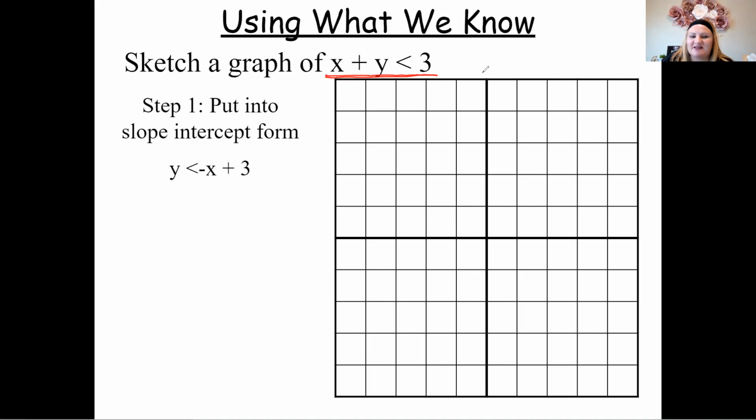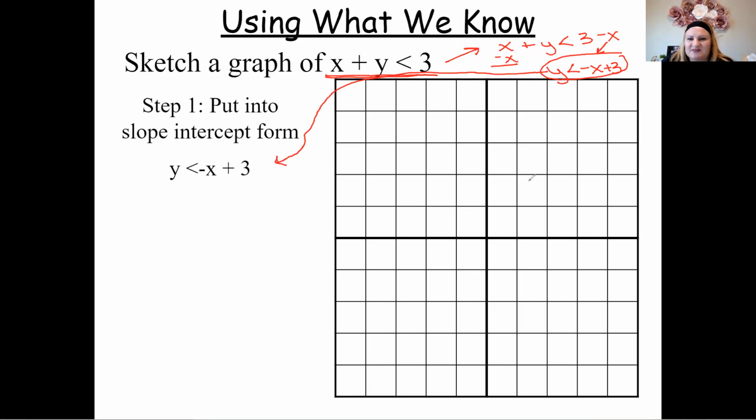So you would do the same process that we did whenever they had an equal sign. This says x plus y is less than 3. To get y by itself, we're adding the x, so we would just be subtracting. So you have y is less than, and I'm just going to bring this down, -x plus 3. That's the same thing that is written out over here.